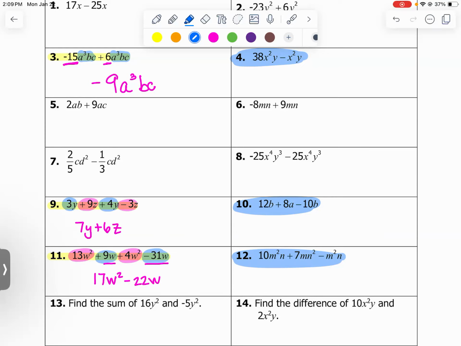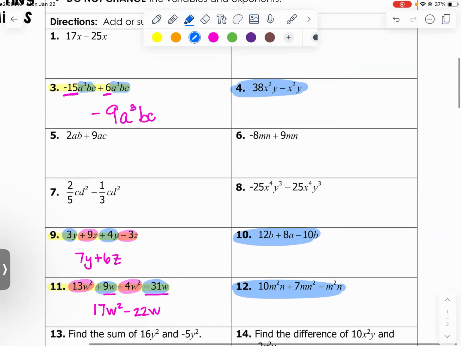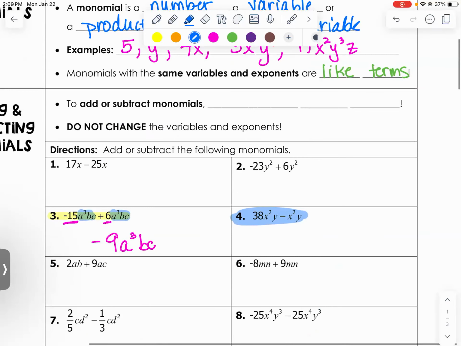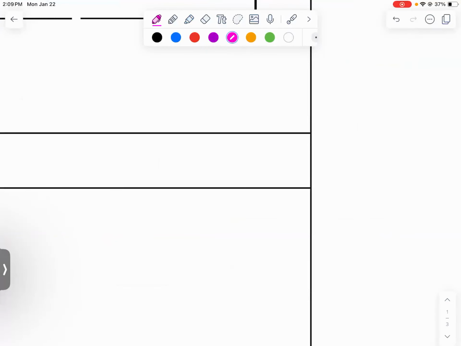Okay, I had some people asking some questions during this time. If we had an a to the 5th minus an a squared, these are not like terms because the exponents on the a's are different.